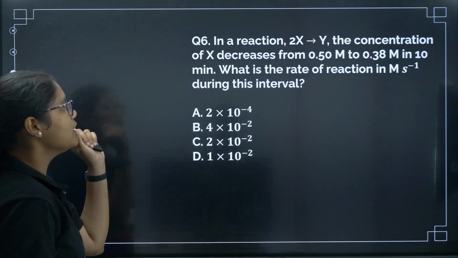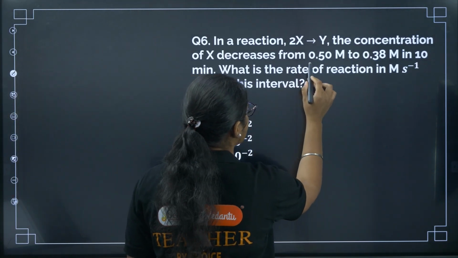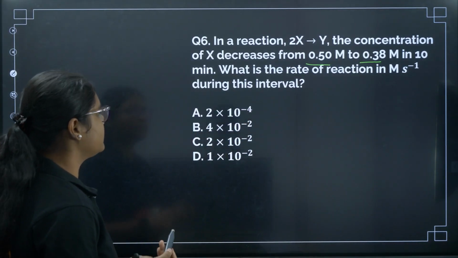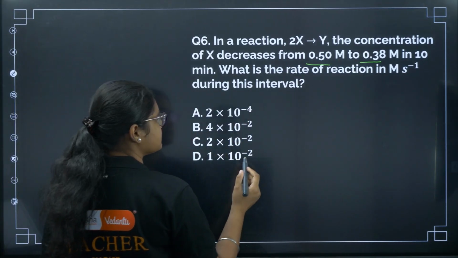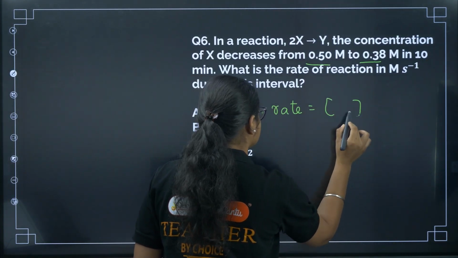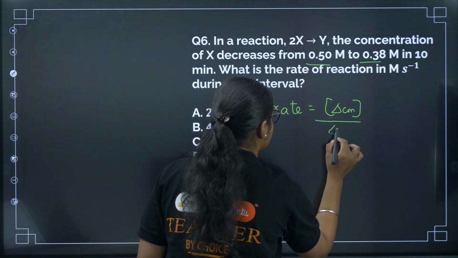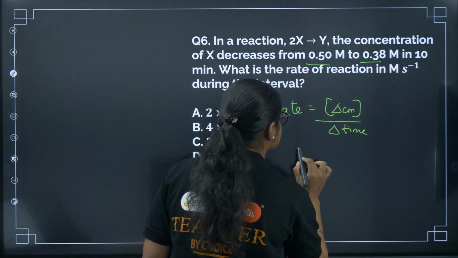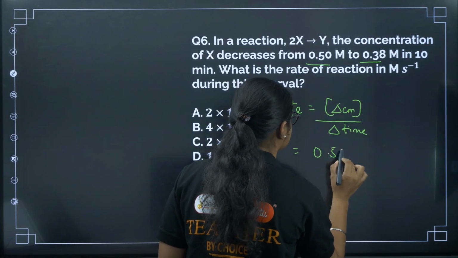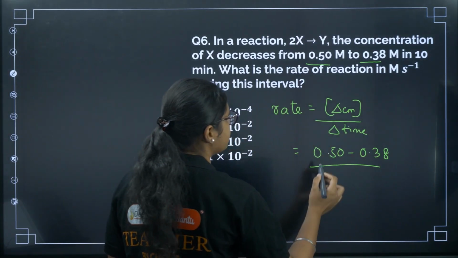In a reaction 2X to Y, the concentration of X decreases from 0.5 to 0.38 in 10 minutes. What is the rate of the reaction? So very easy question, this one. So we know rate is equal to change in concentration by change in time, okay. So now what is the concentration change that has taken place? 0.50 minus 0.38, and you can see the units is in seconds.